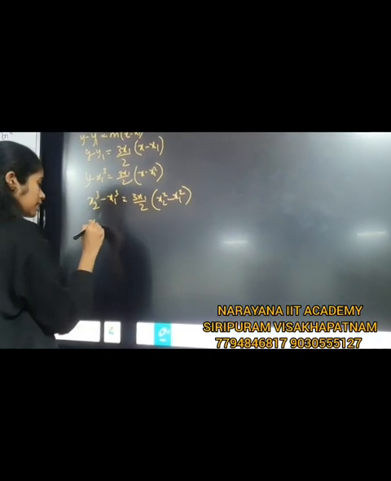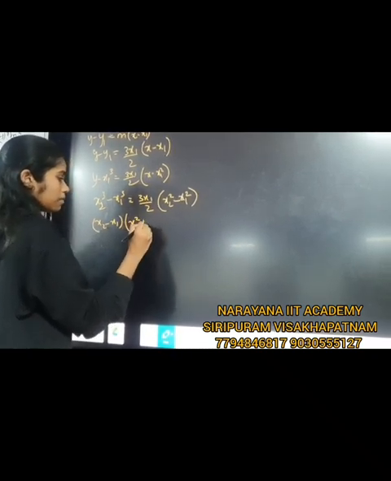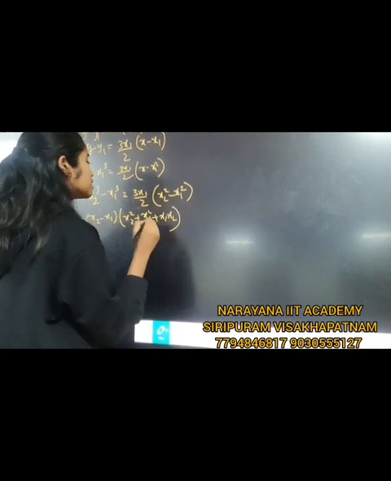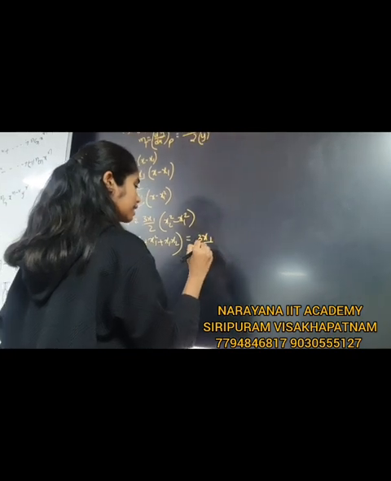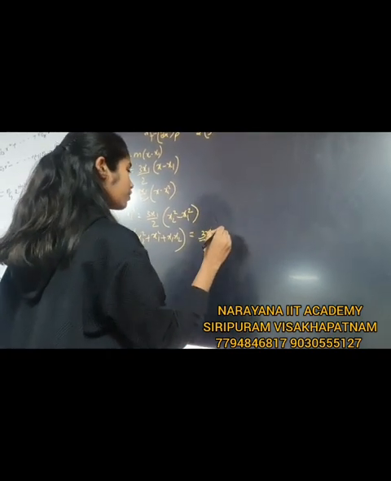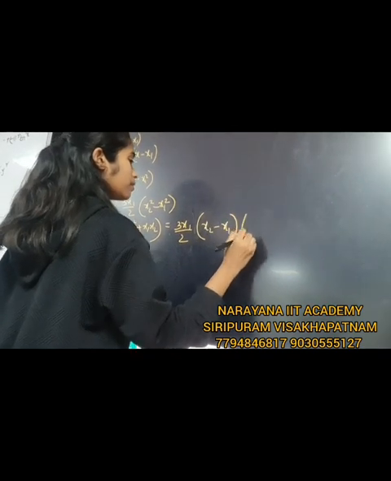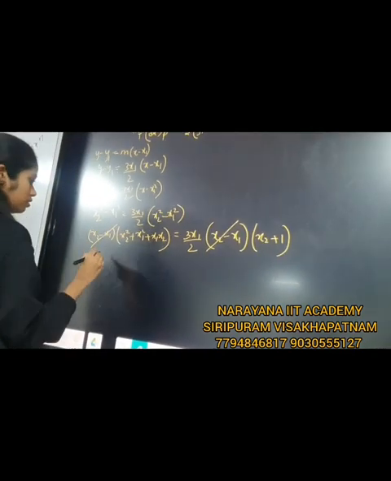Here this can be written as x2 minus x1 into x2 square plus x1 square plus x1 x2, since this is in the form of a cube minus b cube, and this can be written as, since it is in the form of a square minus b square, a minus b into a plus b. These both get cancelled out.